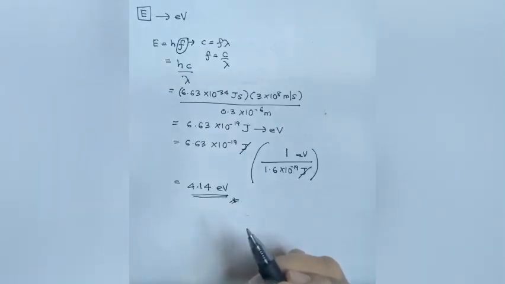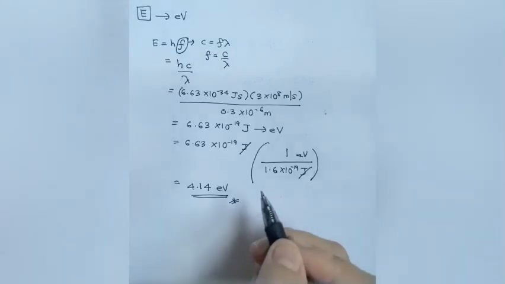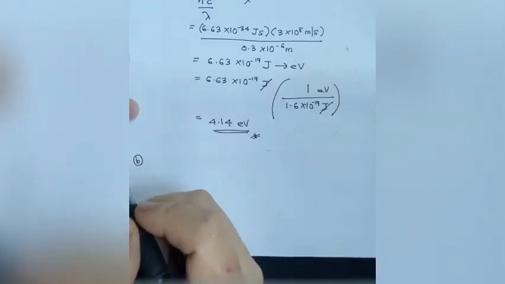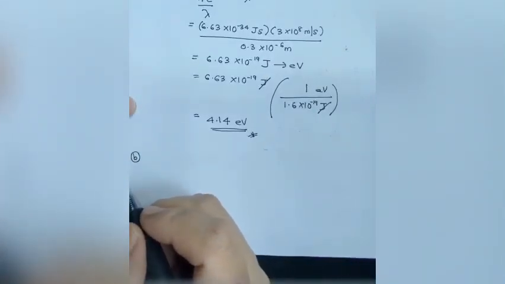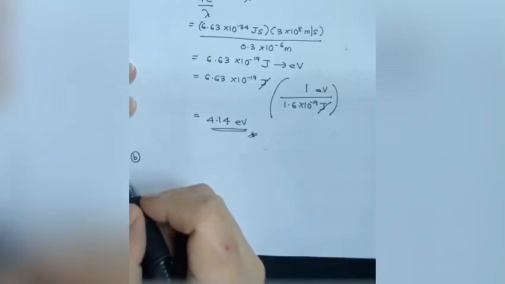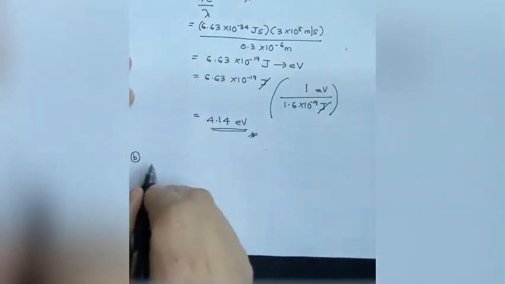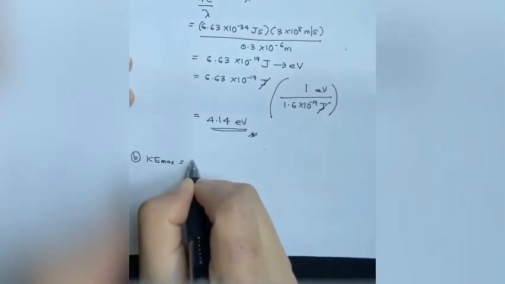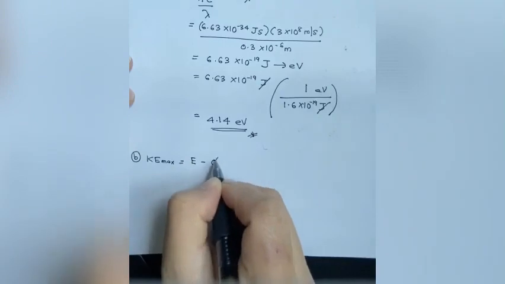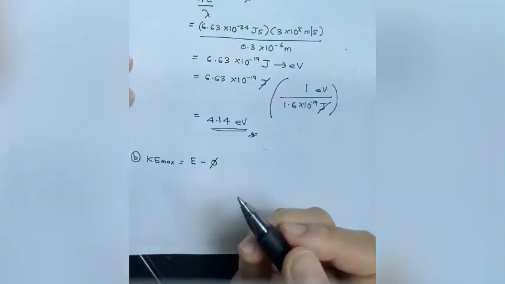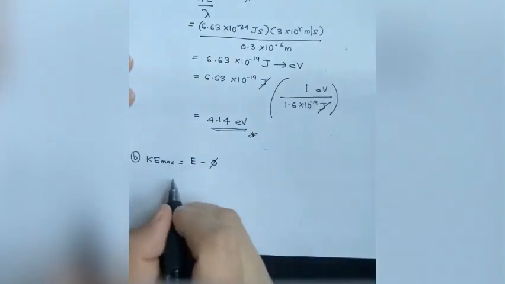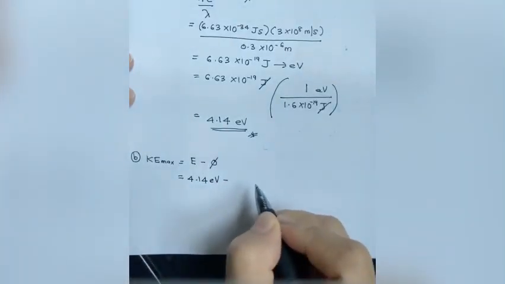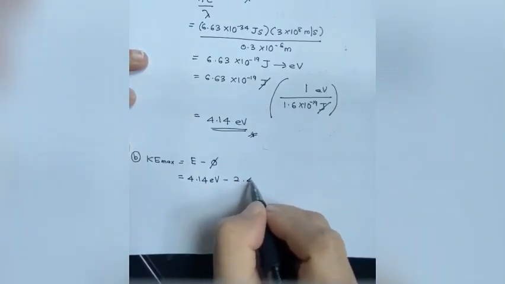Next we go into question B: the maximum kinetic energy of the ejected electron. You want to find KE max. KE max is equal to E minus phi. E was already calculated as 4.14 eV, and you are given the work function of 2.46 eV.